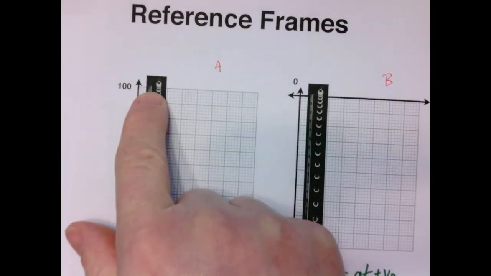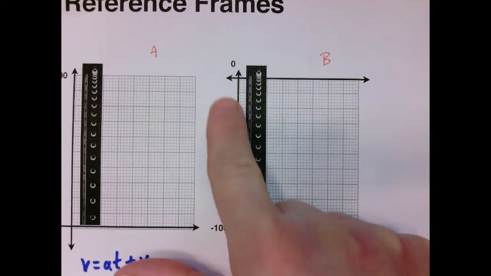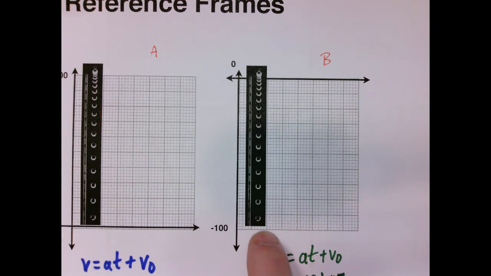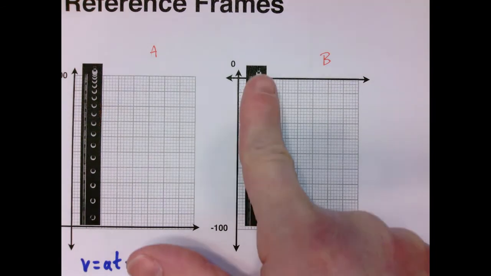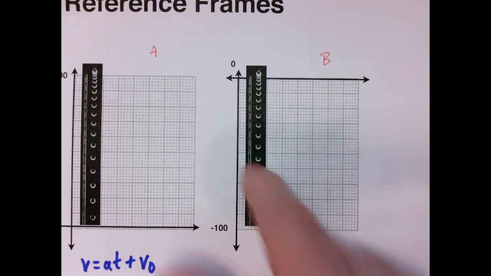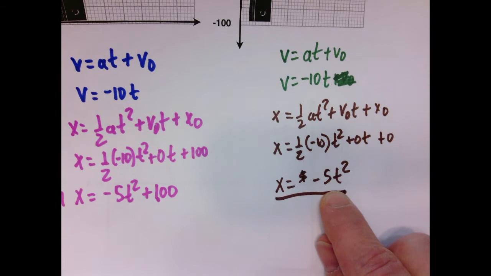Reference frame A, again, is where we set the top at 100. Reference frame B, we made 0. So notice now the ball is going to travel from an initial position of 0 to negative 100 and follow the same kind of pattern. And when we look at the model, we see it's x equals negative 5t squared.